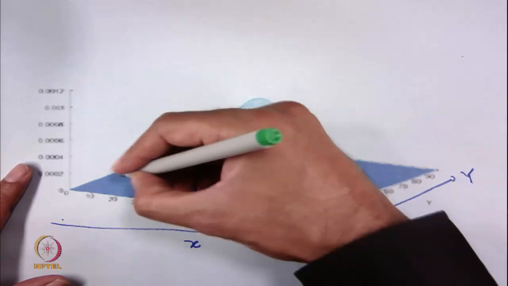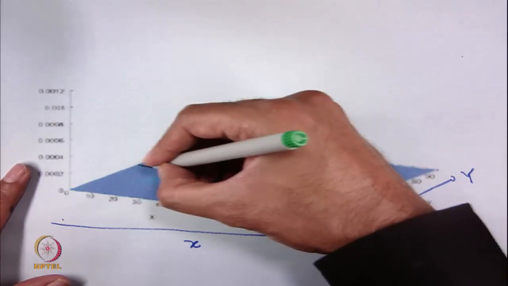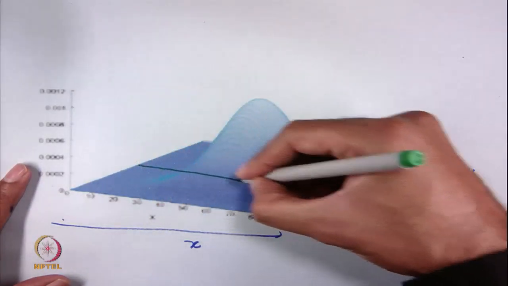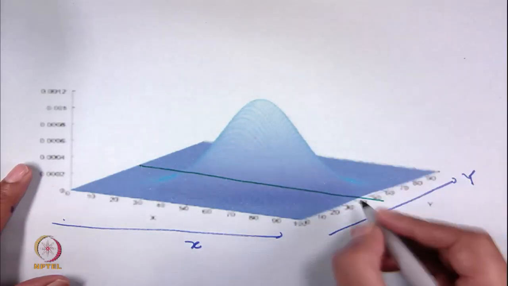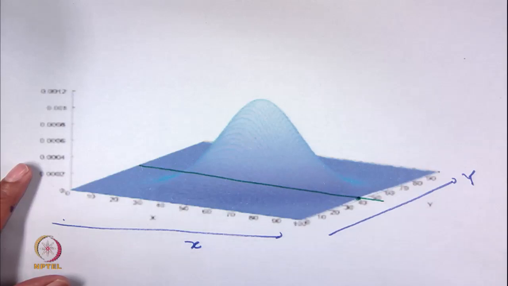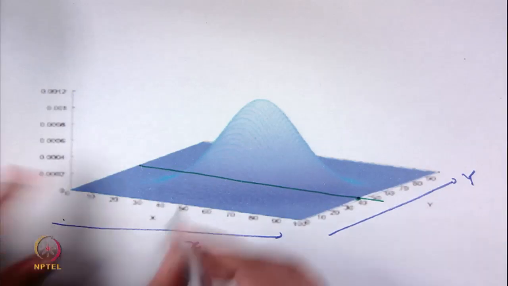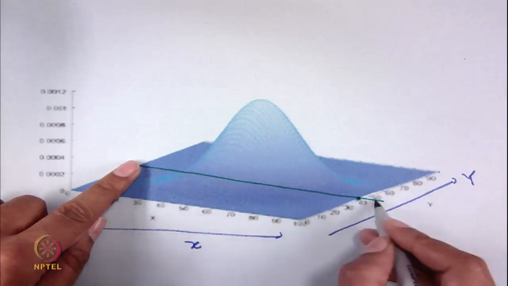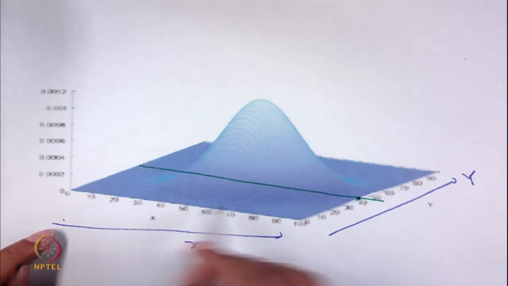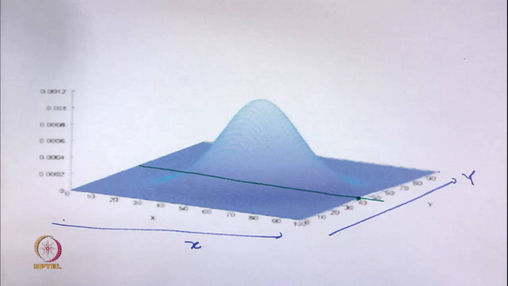So, let me consider this strip. I am given that my y lies here. Suppose my y takes this numerical value. So, I am given that my y takes this value, and I am interested in finding the probability density function of x, right.